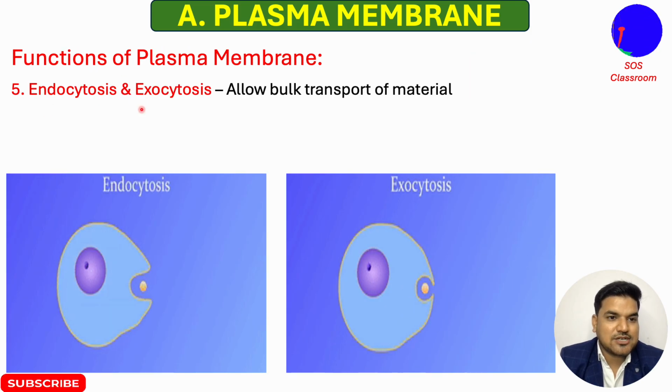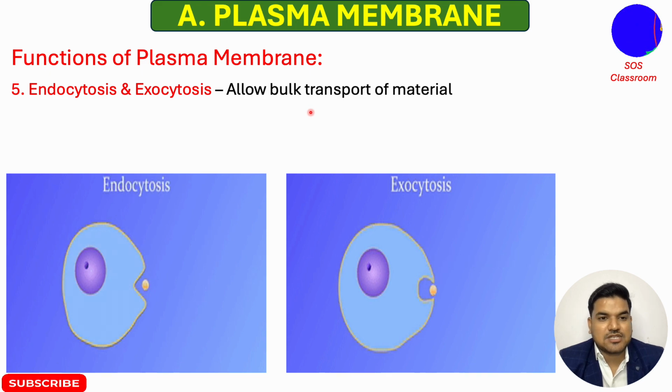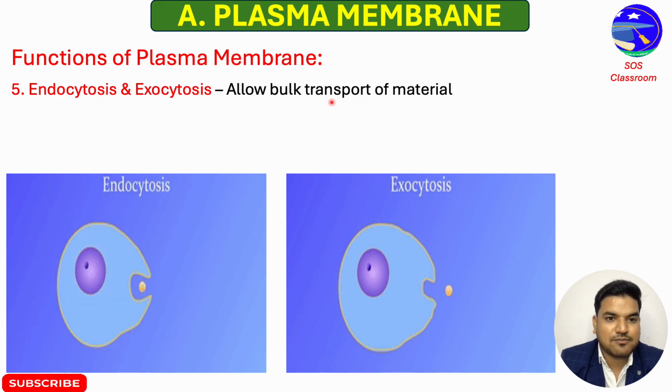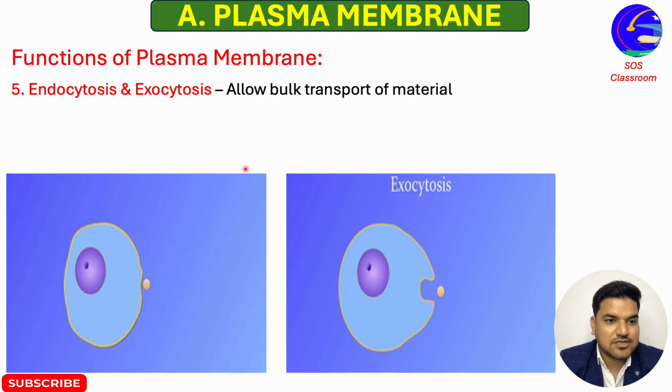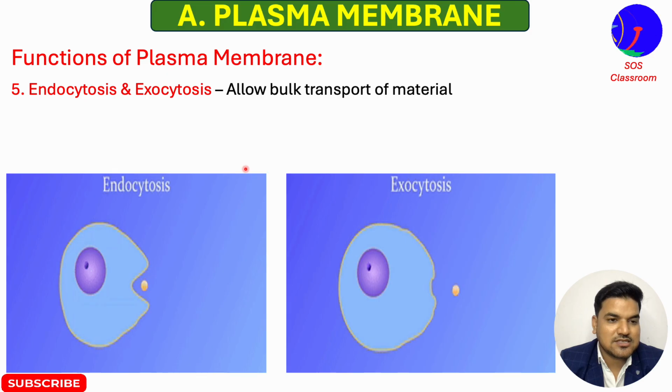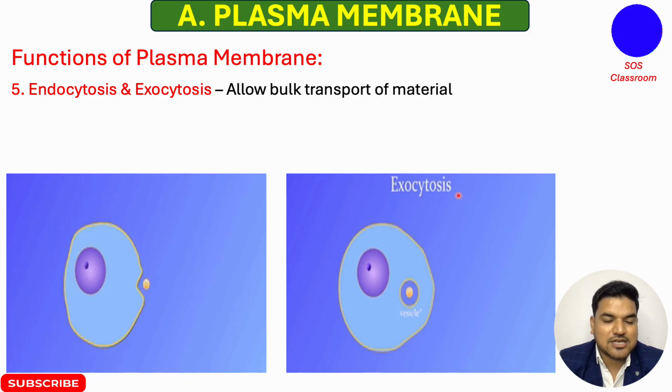The next function is endocytosis and exocytosis. Endocytosis and exocytosis help in the movement of molecules in bulk, allowing the bulk transport of materials. When material or substances in bulk amount go into the cell, this is called endocytosis. And when a bulk amount of substances goes outside of the cell, this is called exocytosis.